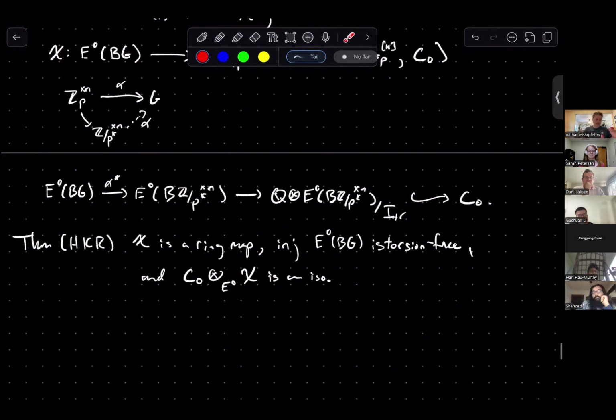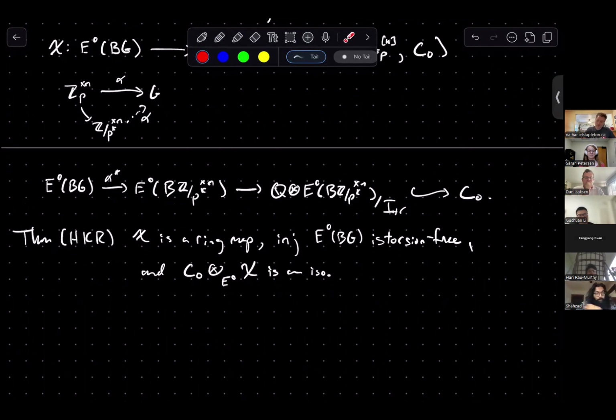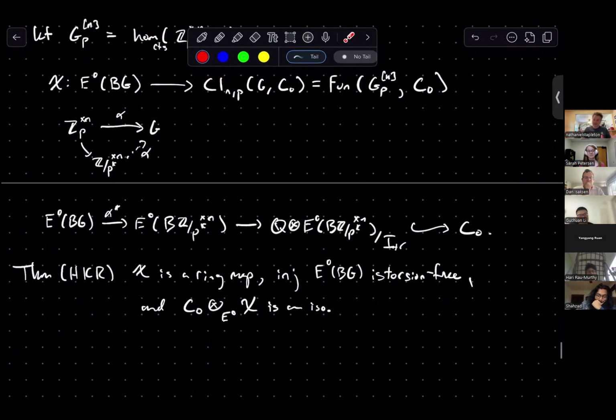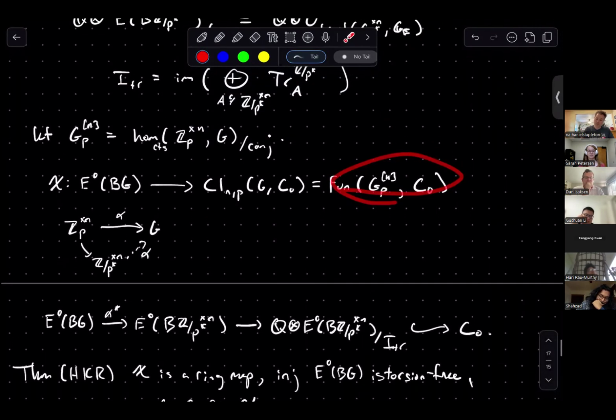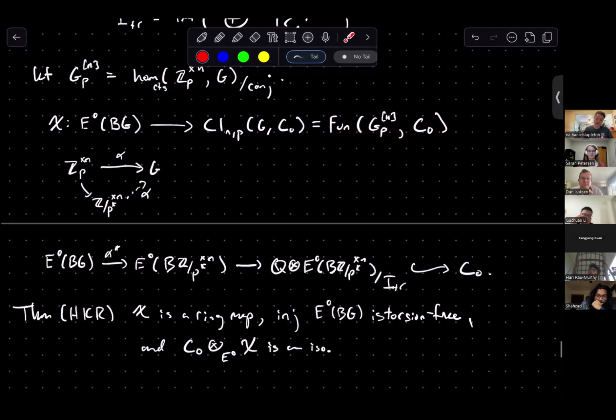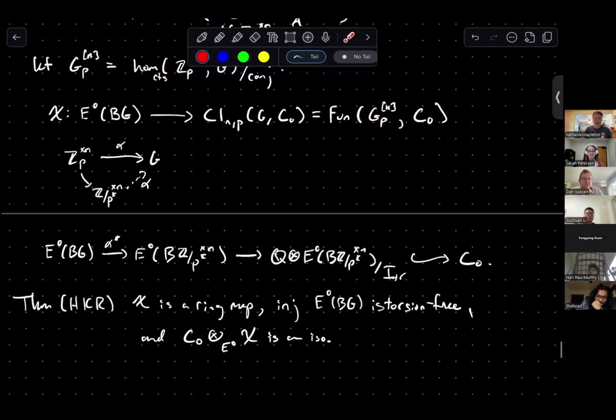And just as before, there's a GL_n(Z_p) action instead of a Z-hat-times action. There's a GL_n(Z_p) action on the target coming from GL_n(Z_p) acting here and GL_n(Z_p) acting on C_0. And after base change to C_0, it's just on the left.